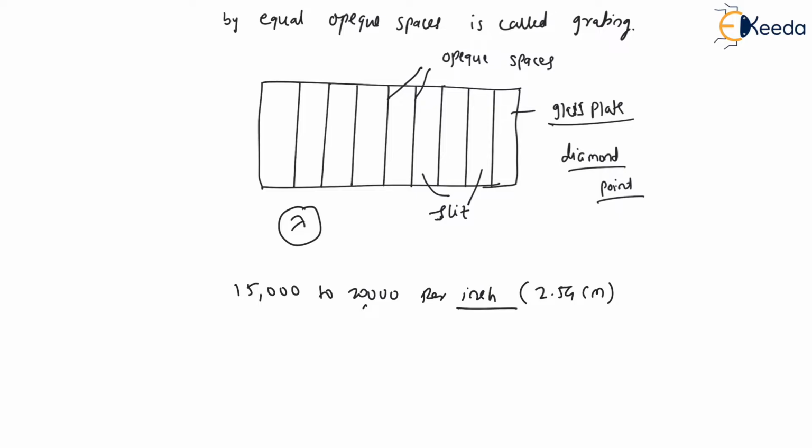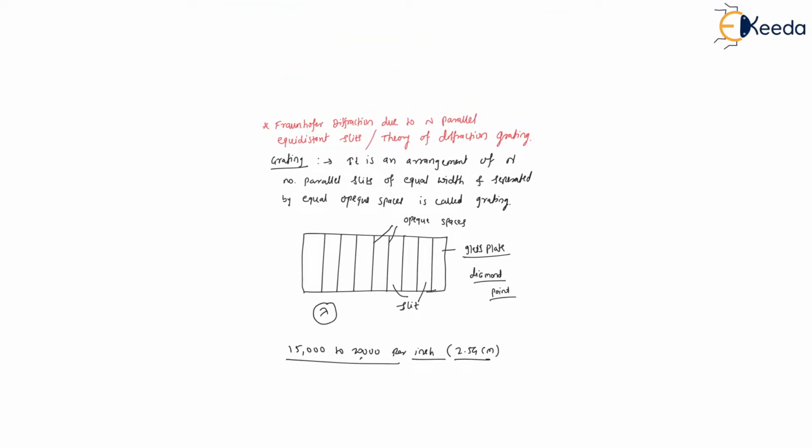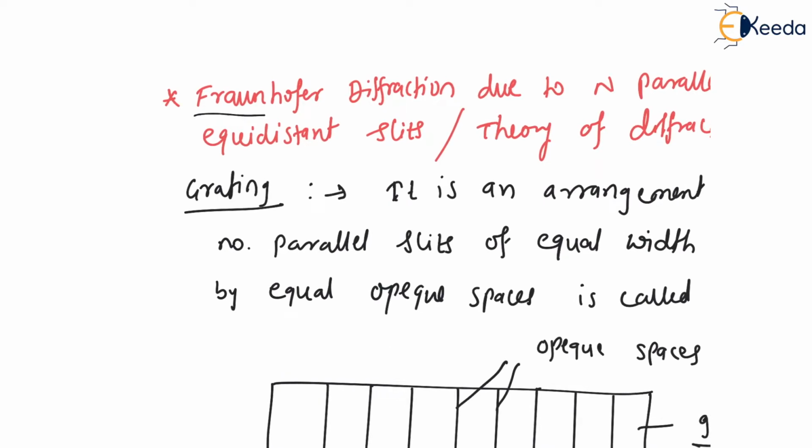So in this small distance of 2.54 centimeter, we draw 15,000 to 20,000 lines on that glass plate. This concept of grating was initially devised by, no doubt, Fraunhofer.